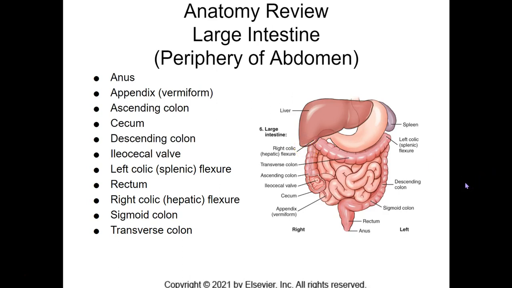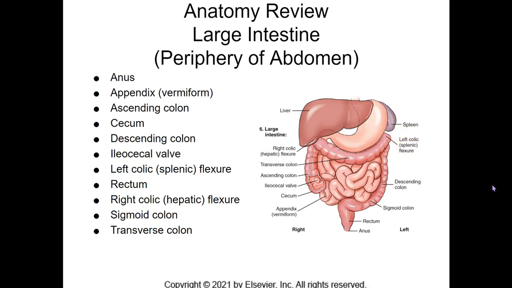The transverse colon joins the descending colon, which is here, at the left colic flexure. And alternative names for the two colic flexures are hepatic, referring to the side with the liver, and splenic, referring to the side with the spleen.